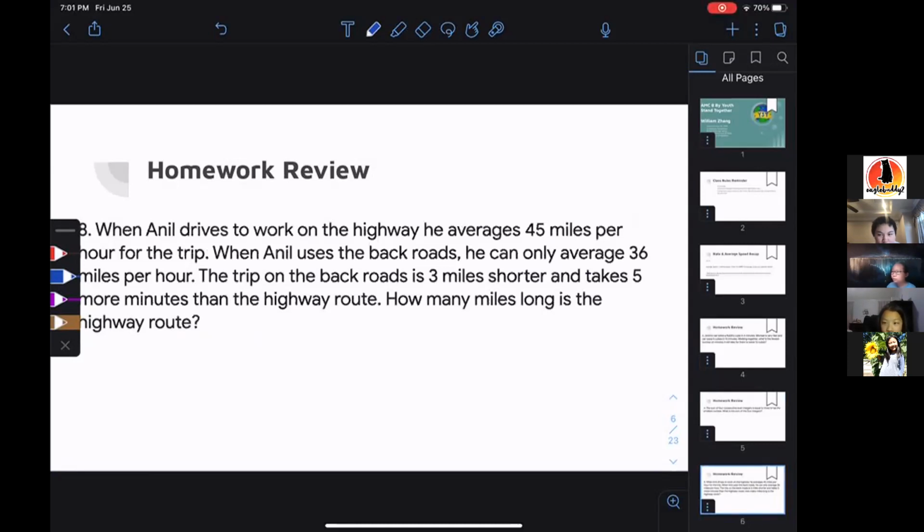So using the speed distance formula, the distance of the first one is s, so 45 over 60 times x equals s, and since the trip on the back roads is 3 miles shorter and takes 5 more minutes than the highway route, 36 over 60. The 60 is in the numerator.